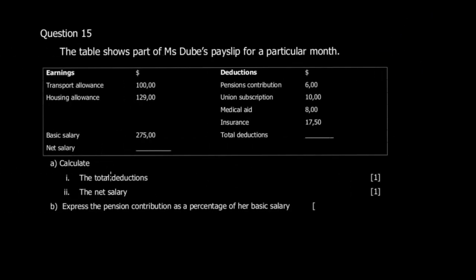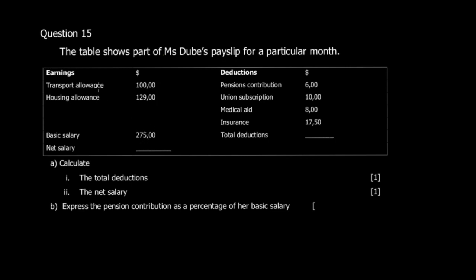To get the net salary, we have to say the gross salary minus the deductions. Okay, so the mistake that most students would make is they would take the basic salary here as the gross salary. This is not the way to go about it.